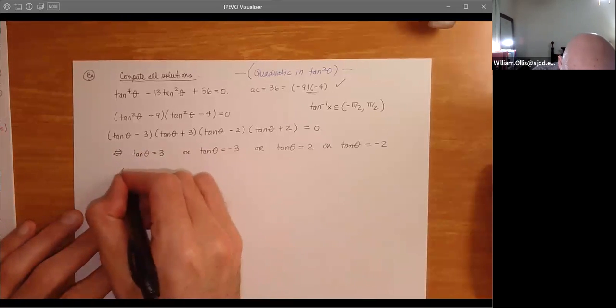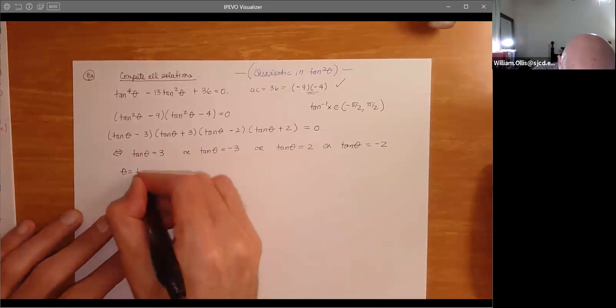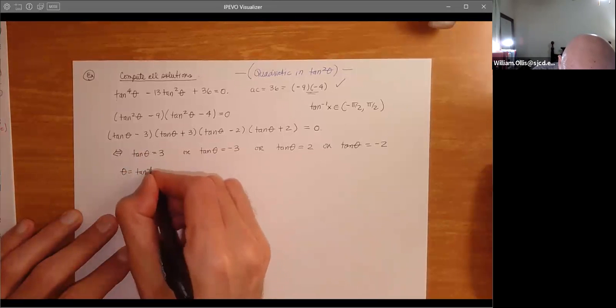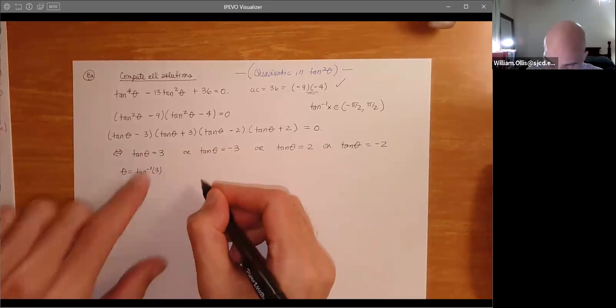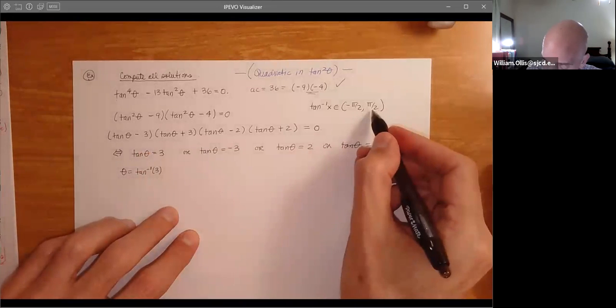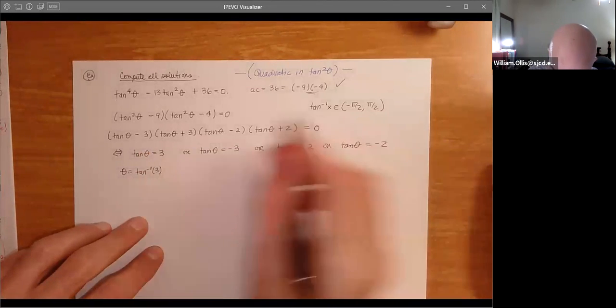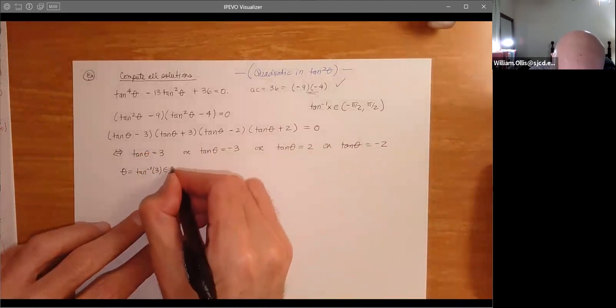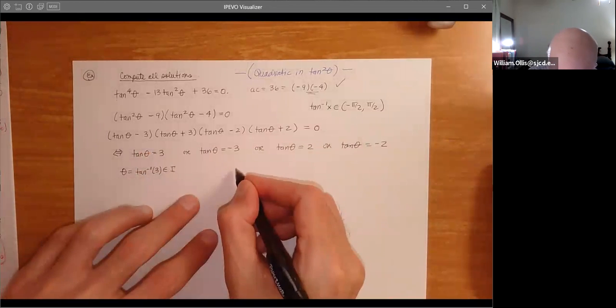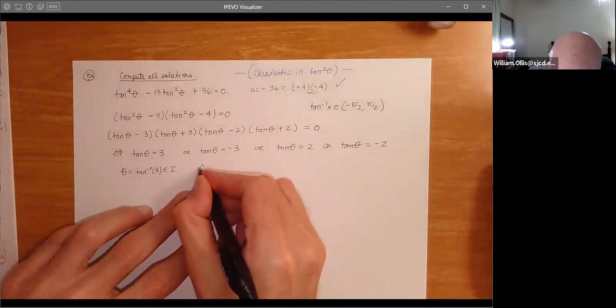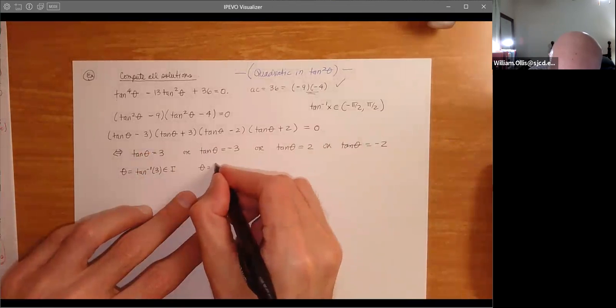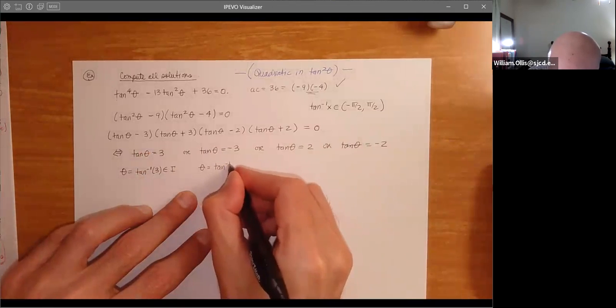So now theta here will be the inverse tangent of 3. This is a positive number, so this will be in the first quadrant. Now we have theta equals inverse tangent of negative 3.